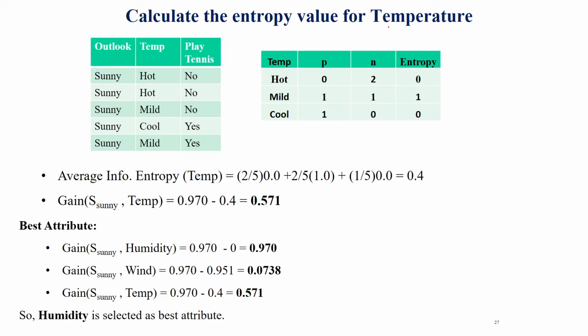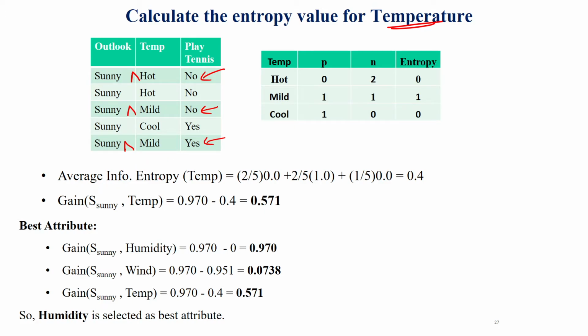Then the third one, we are selecting the temperature. Here when outlook equal to sunny and temperature equal to hot, no possibility of playing tennis. When outlook equal to sunny and temperature equal to mild, no possibility of playing tennis. When outlook equal to sunny and temperature equal to cool, playing possibility of tennis, yes.